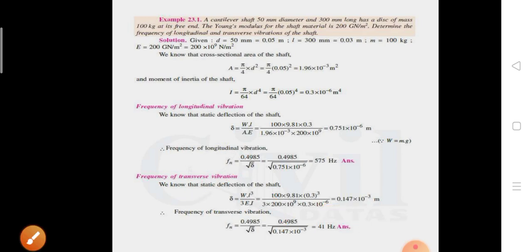You will get delta is equal to 0.147 into 10 to the power minus 3 meter. Finally you get the frequency, 0.4985 upon under root delta, so you will get 41 hertz as the transverse vibration frequency of that shaft.